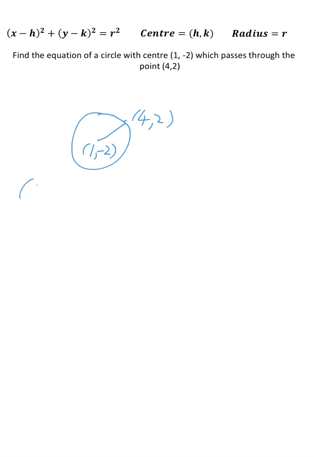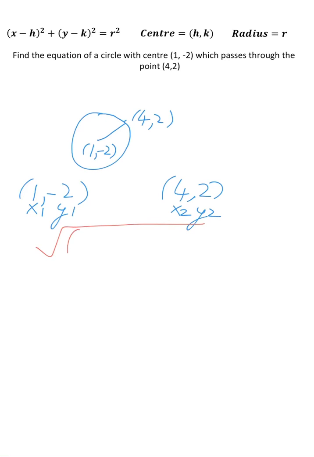To do this, we need to use the distance formula. So (x1, y1), (x2, y2). Let's write down the formula, which is in your logbooks: the square root of x2 minus x1 all squared plus y2 minus y1 all squared.